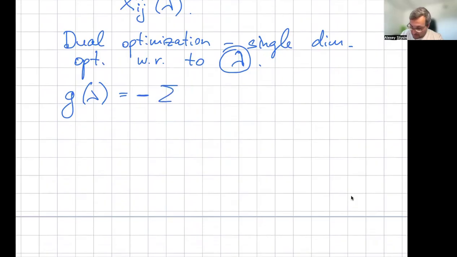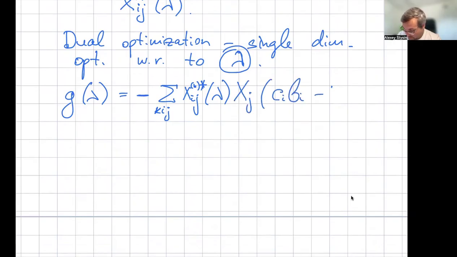So it's going to be minus sum of kij xijk star. And now it depends on the lambda. Then we have bicixj. Actually, I can even pull the whole ranking function here. So we have xj and cibi minus lambda di minus lambda d.